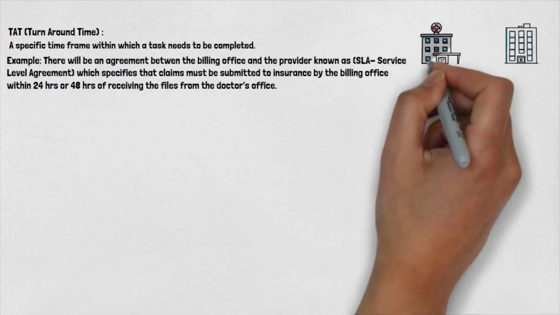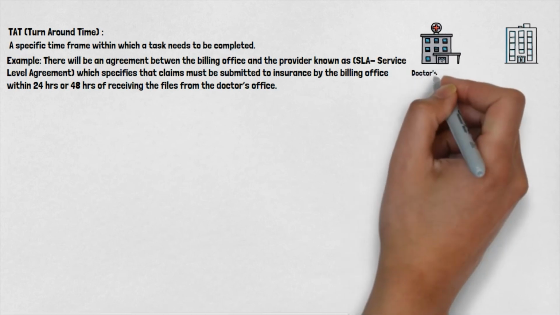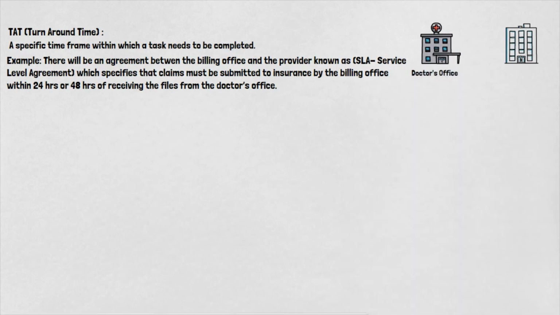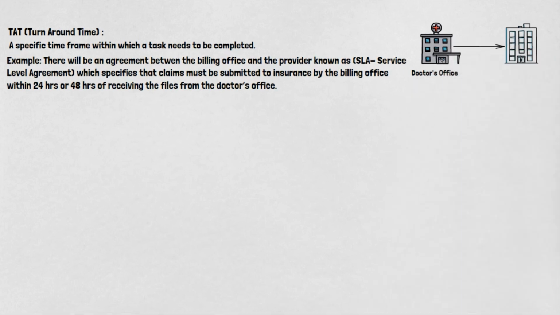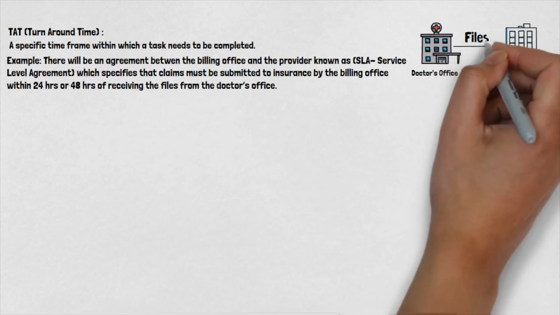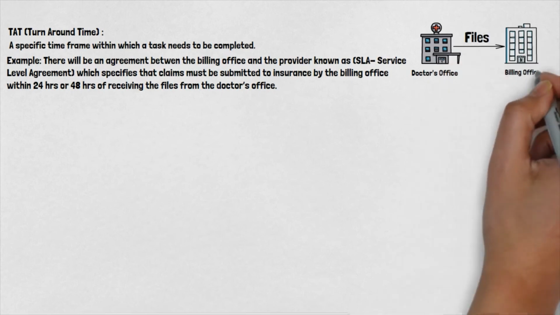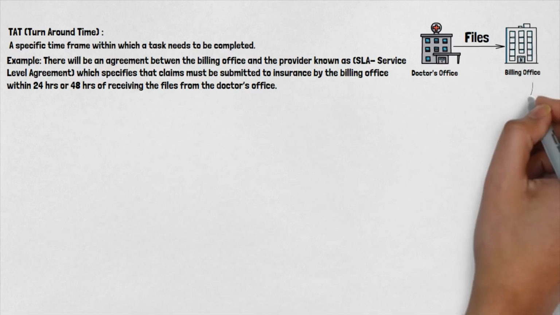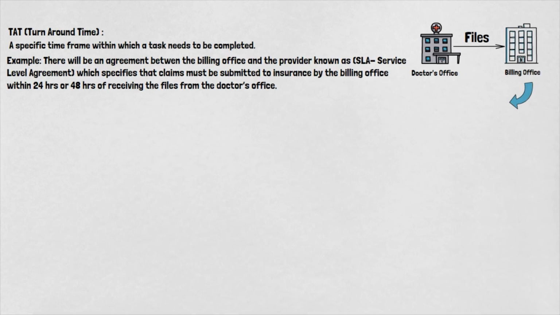So once the billing office receives the files from the doctor's office, they should be submitted within 24 hours to 48 hours to the insurance companies as per the agreement, which is known as service level agreement.